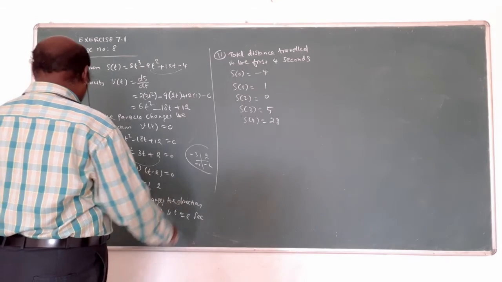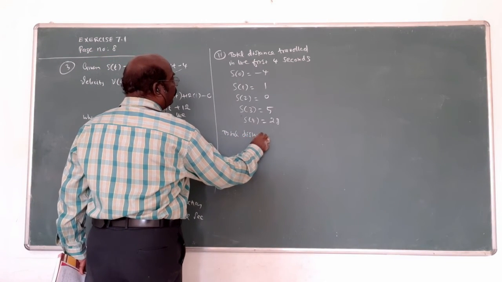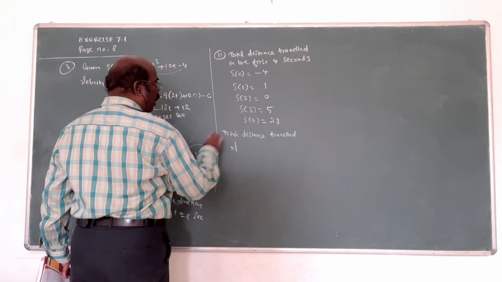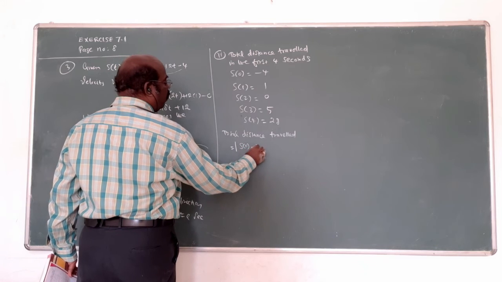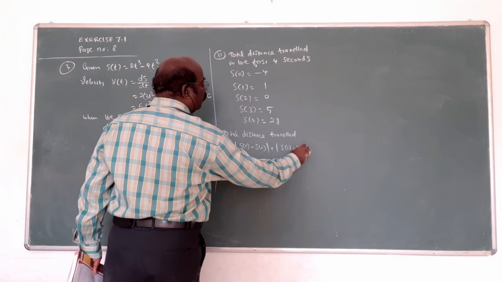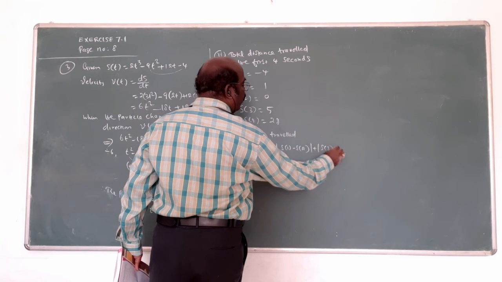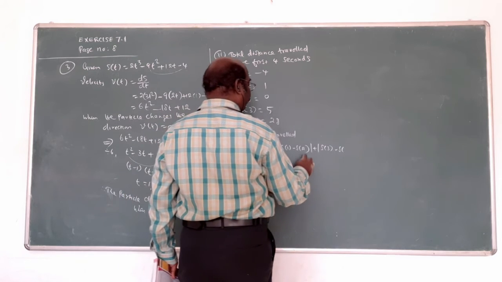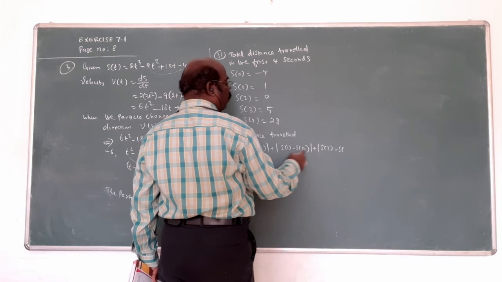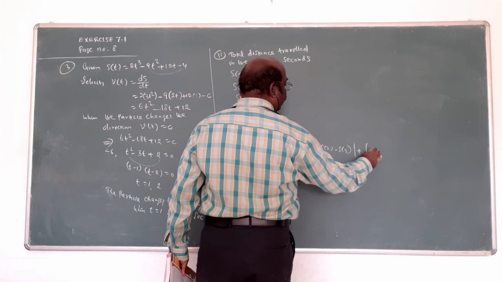Now the formula: the total distance traveled equals the modulus of S of 0 minus S of 1, plus S of 1 minus S of 2, plus S of 3 minus S of 2, and so on up to 4.